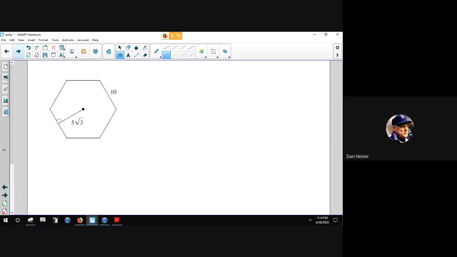Speaking of square roots, here we have a regular hexagon. Because this is a regular hexagon, some special rules come into play.